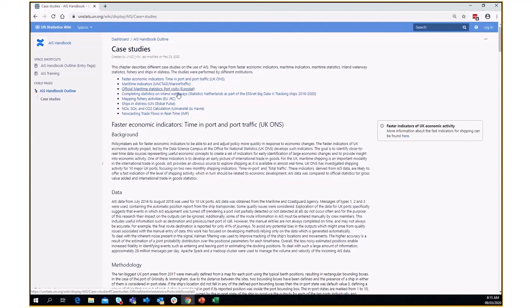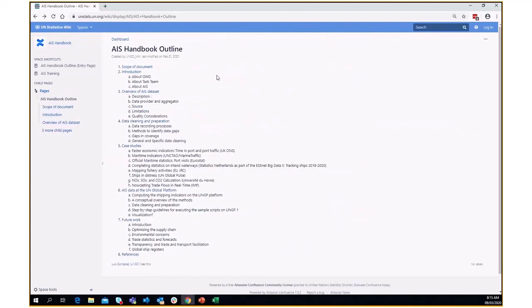But then we also have, for example, fishery activities, or the nowcasting, which is also in trade. But for example, also the ships in distress. So you can really see that this is used in different fields. And we do strongly recommend that you have a look at this handbook so that you're well prepared for the upcoming presentations.